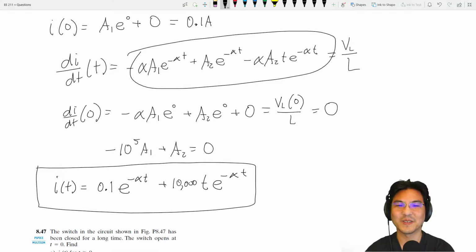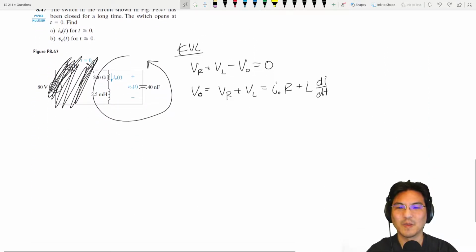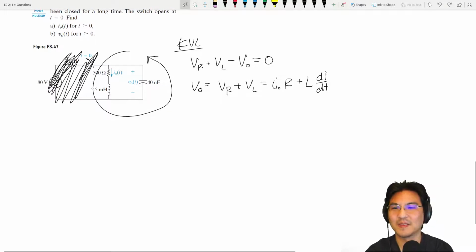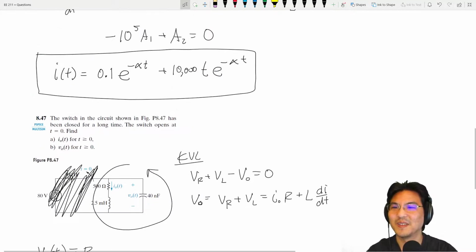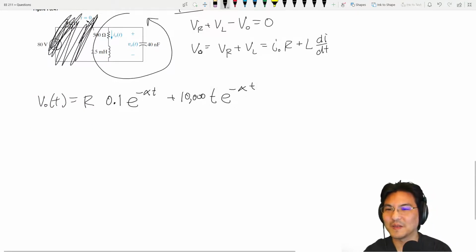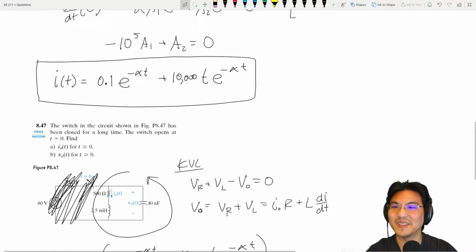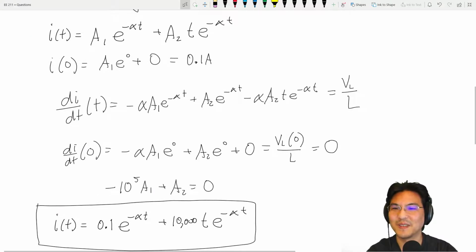Okay, so why don't I just copy and paste things? So V of t is R times this. All right, so that was easy copy and pasting. Plus L times di dt, which is this.